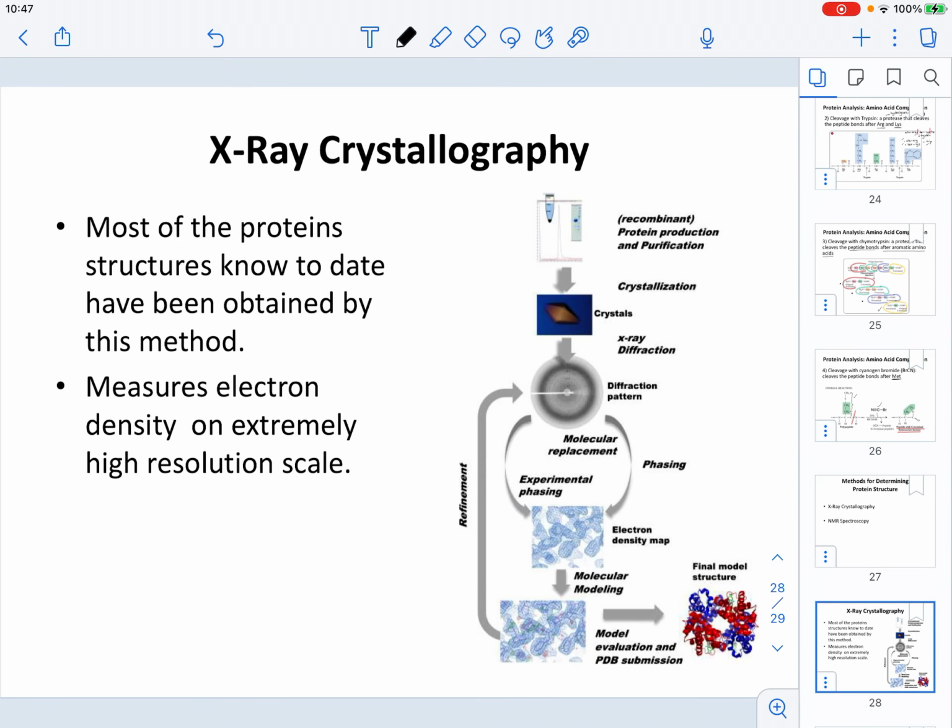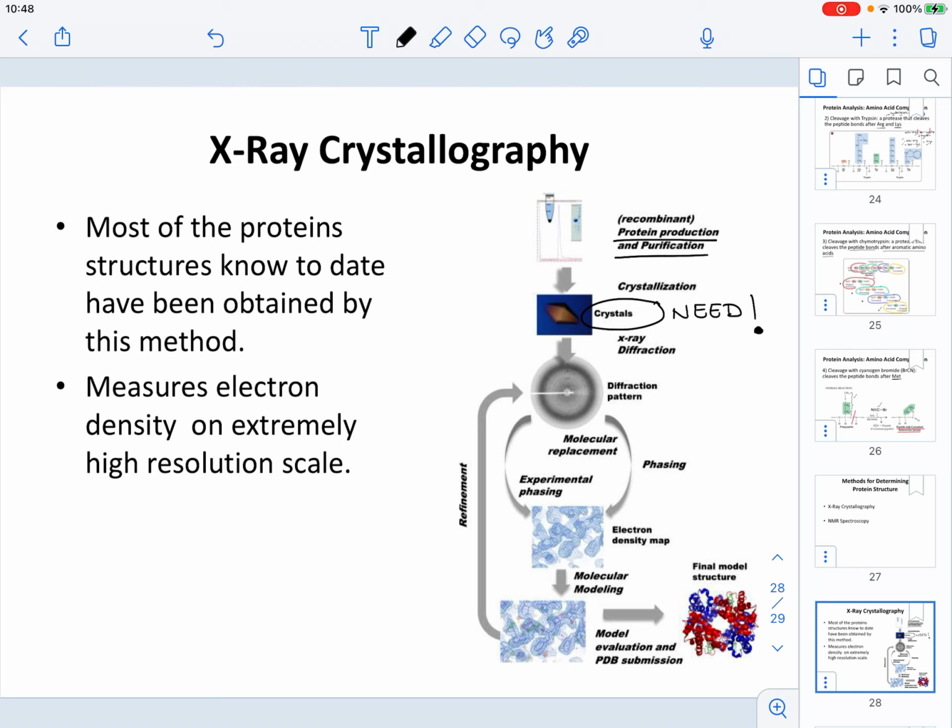When it comes to X-ray crystallography, understand that the main thing is that you need to have a protein that is pure, and you need a crystal. Understand that this is a very powerful method, because the majority of the protein structures that we know to date have been obtained through this.